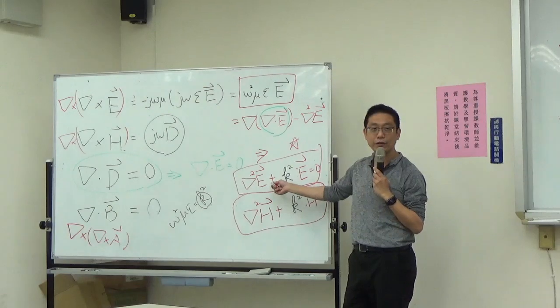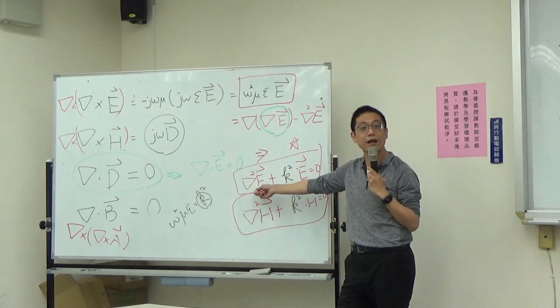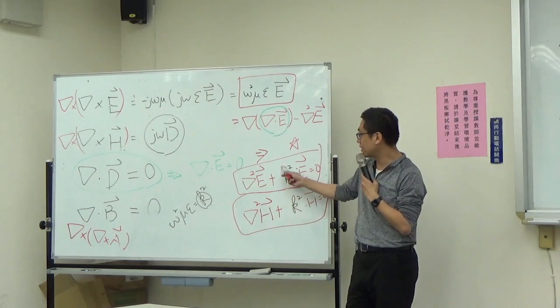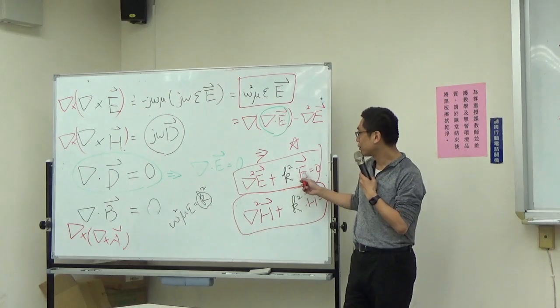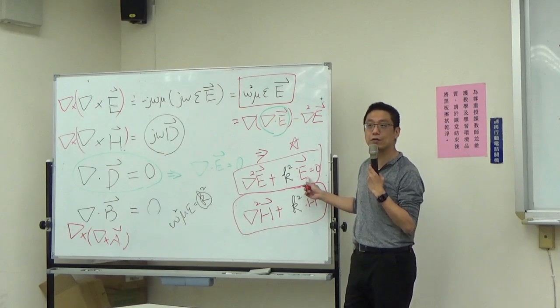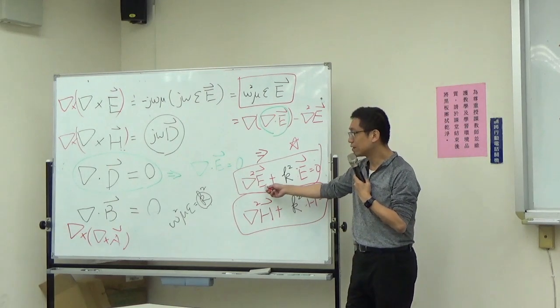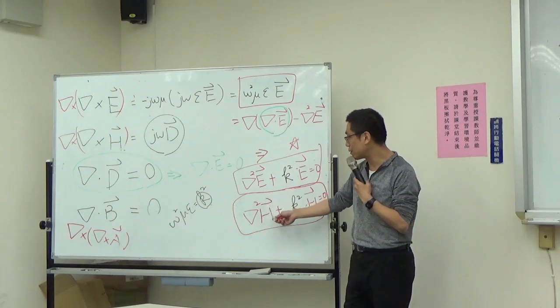Your E field, if you take the Laplacian plus something squared multiplied by your E field equals 0, it looks solvable. You can solve E here, and you can solve only H here.